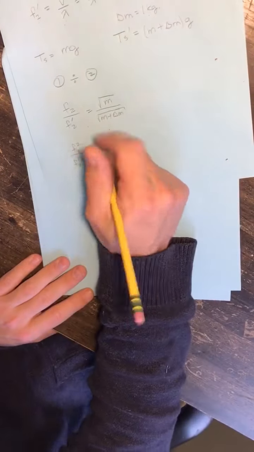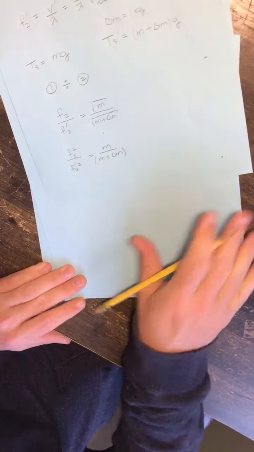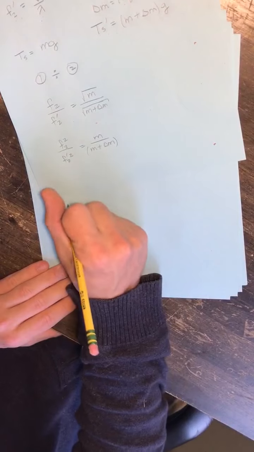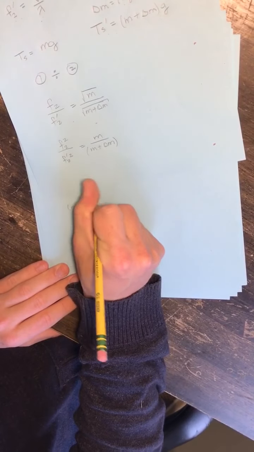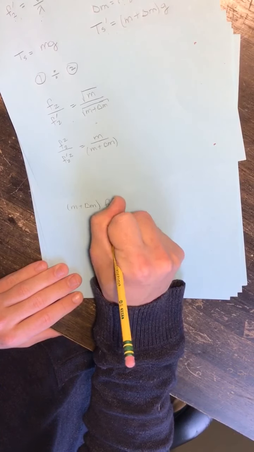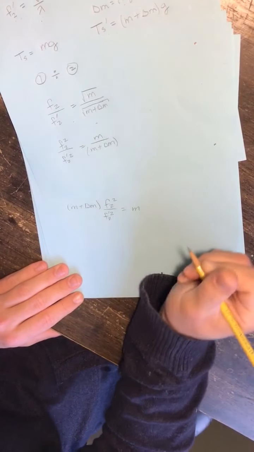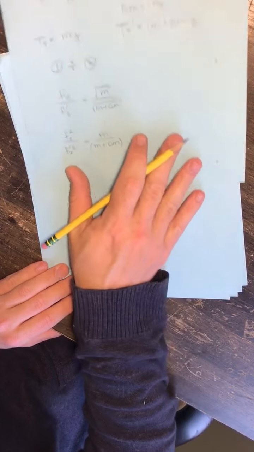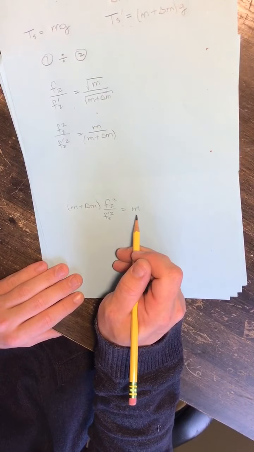Let's multiply both sides by m plus delta m. So on the left-hand side, we're going to get m plus delta m times F2 squared divided by F2 prime squared is equal to m. And what we want in this problem is the mass m.